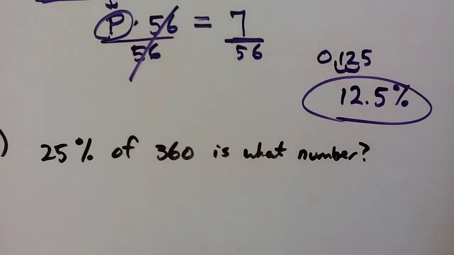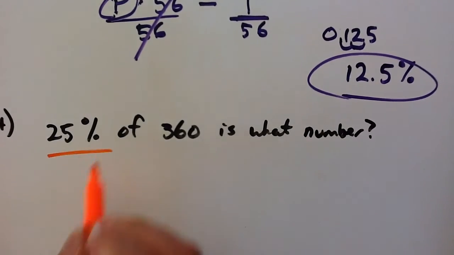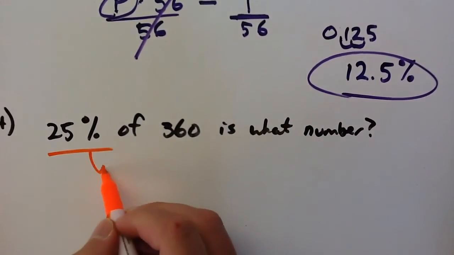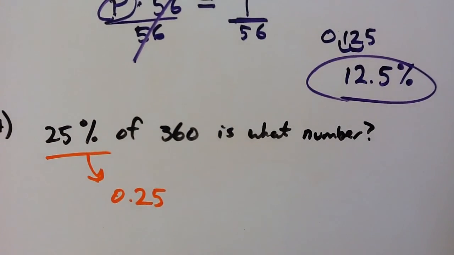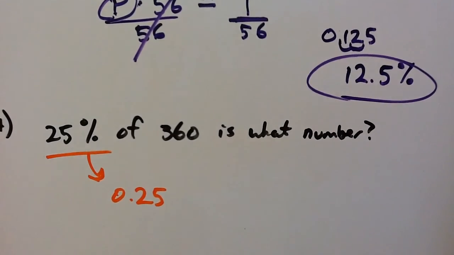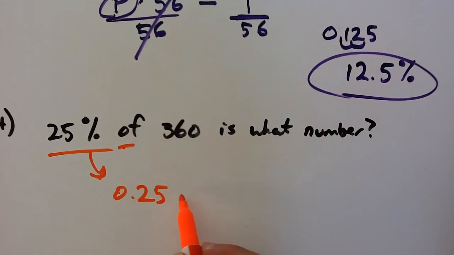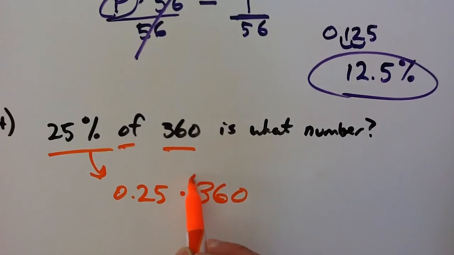Last example here. 25% of 360 is what number? Okay, so let's write our equation. 25%, how do you write that into decimal form? Well, you divide by 100 or move the decimal 2 places to the left. So 25% is 0.25 in decimal form. Of, that means times 360. So I'm taking 25% of 360 or times 360.